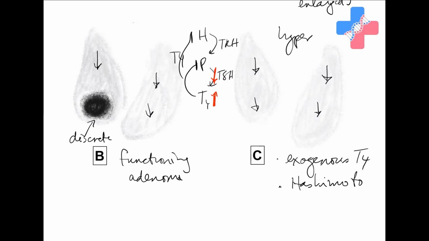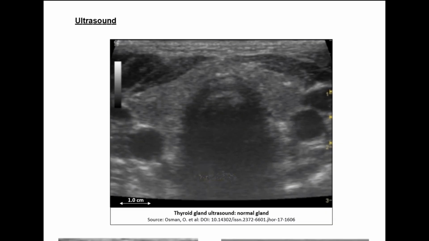If the destruction of the gland is rapid enough, it can release preformed T4 that then suppresses TSH, and so we see a decreased uptake of the iodine by the gland. Radioactive iodine uptake is a useful test for the three commonest patterns that cause hyperthyroidism. Ultrasound is going to be the everyday routine test that you can do in your office.